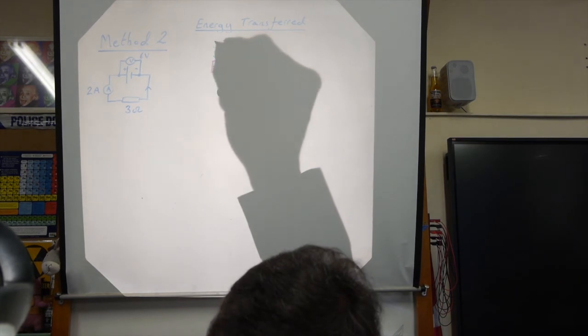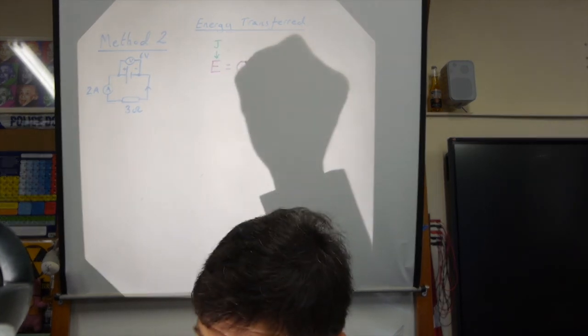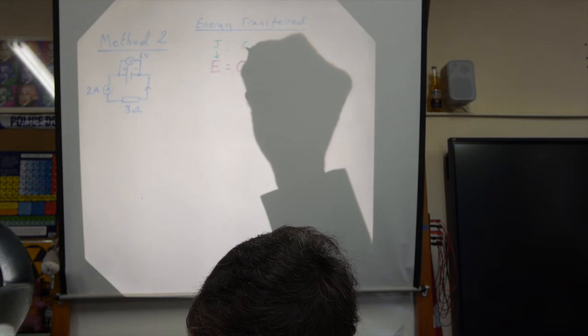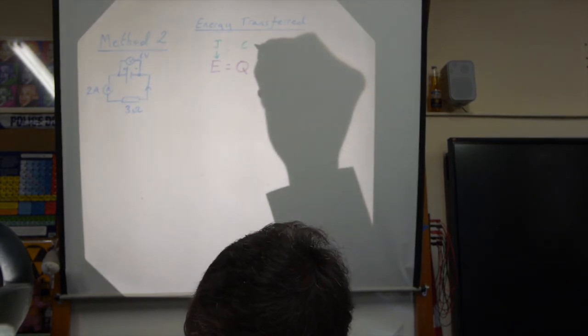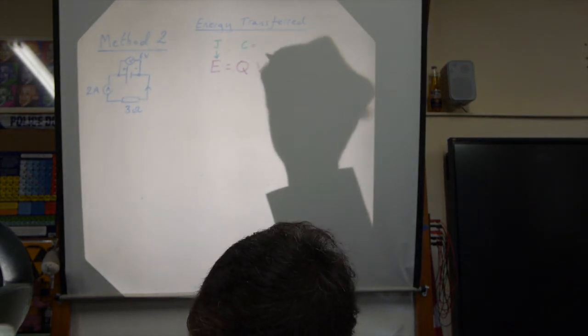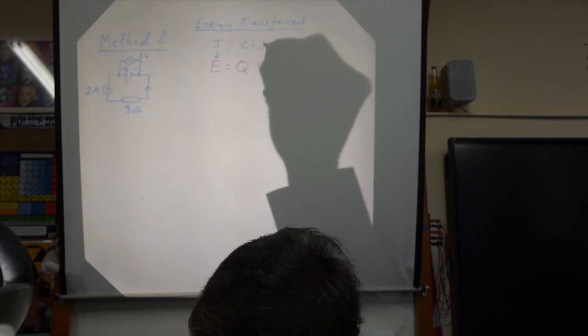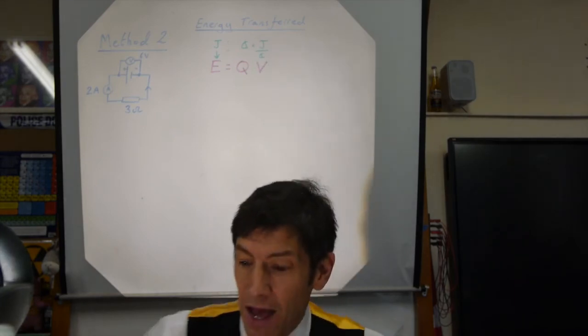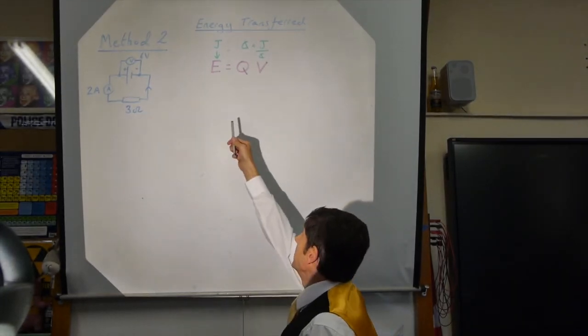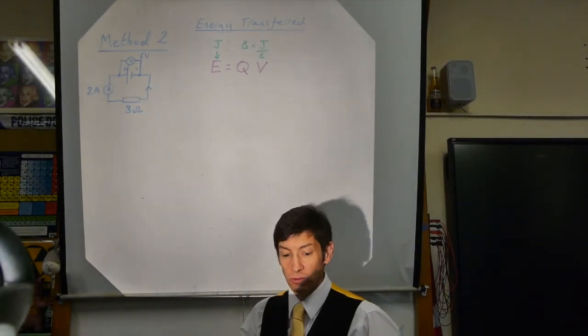Okay, so let's pull this apart a little bit more. Energy is measured in joules. Charge is measured in coulombs, and voltage, you might remember, though it's not really needed for GCSE, is measured in joules per coulomb. So look, there you go. It's consistent that the energy is measured in joules.